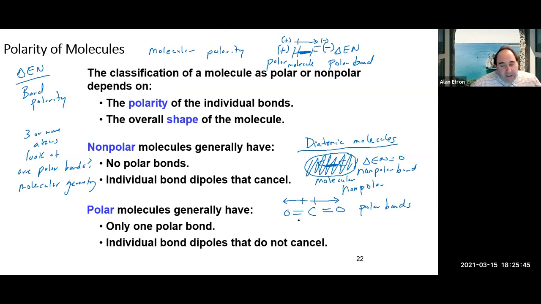But we have to look at the geometry here. And this guy has two electron pairs and two bonds. So something with two electron pairs and two bonds is going to be linear. It's 180 degrees from each other.